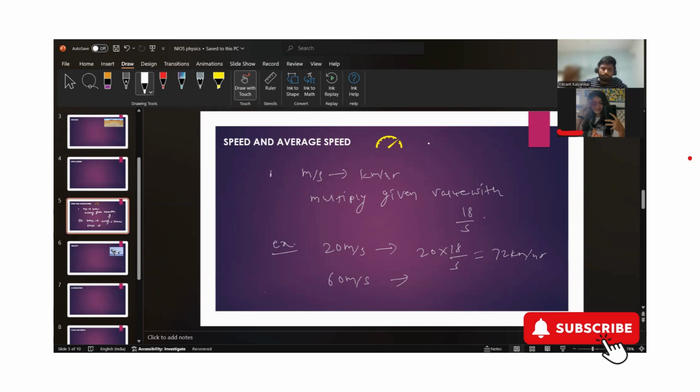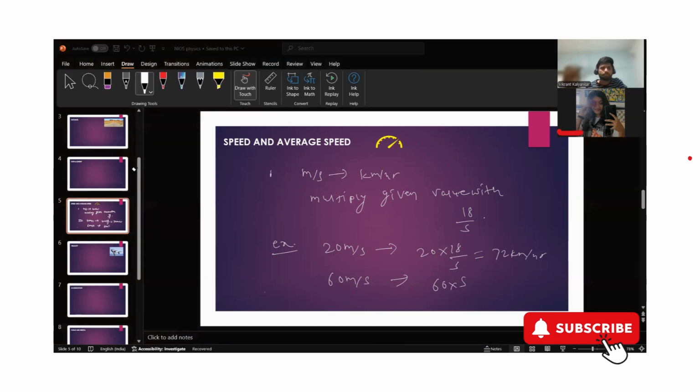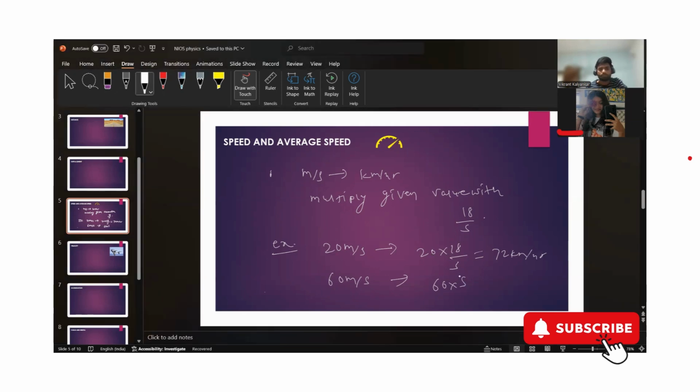Just you'll be getting here 5 1s are 5, 5 2s are 10, 12 into 18. So what is the answer? 216. Okay, correct. 216 kilometer per hour. Very good.